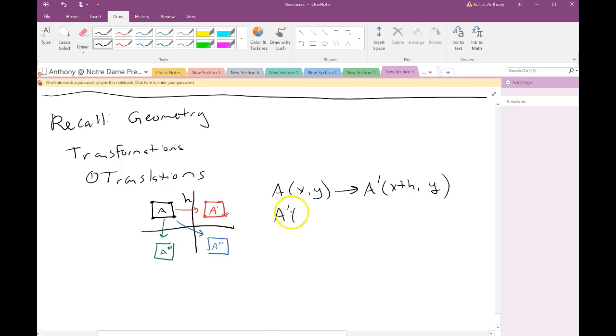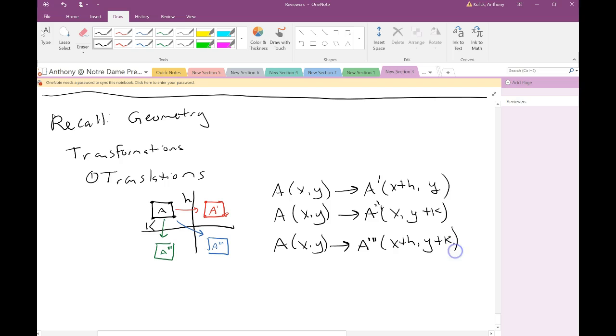If I was just moving it down, we would just be adding to the y-coordinate. So if I move that k units down, basically I just added k to each y-coordinate. And if I moved it left and right and up and down, well, I would have added to the x-coordinate and to the y-coordinate.